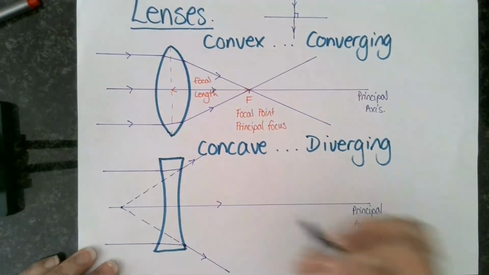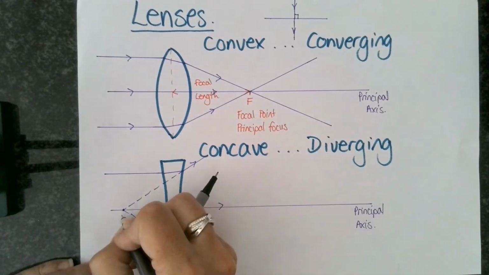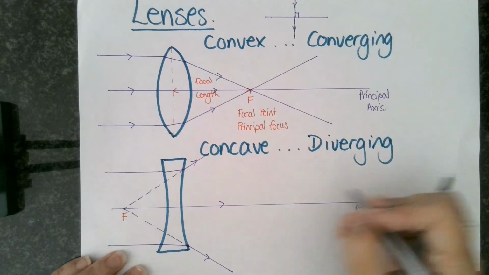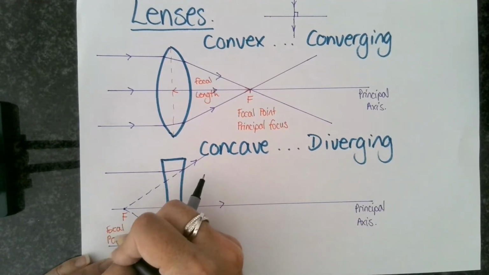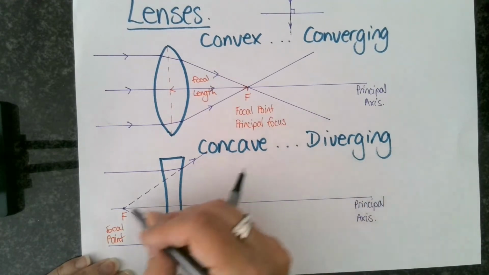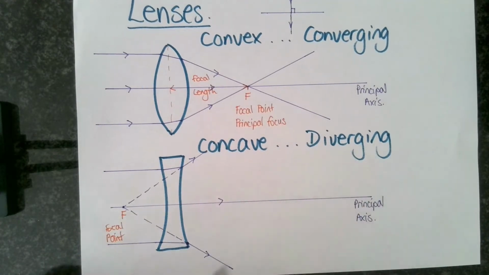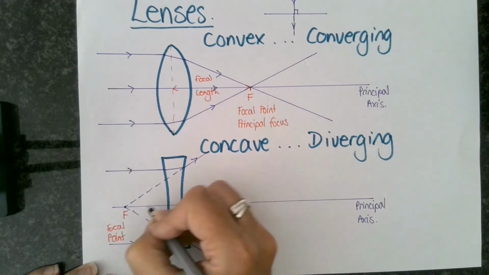Well, I'll put it in red so that you can see it differently, that is also F, that is the focal point of the concave or diverging lens. It's as if the rays came from that point. Now I've forgotten to put my arrows on my incident rays.